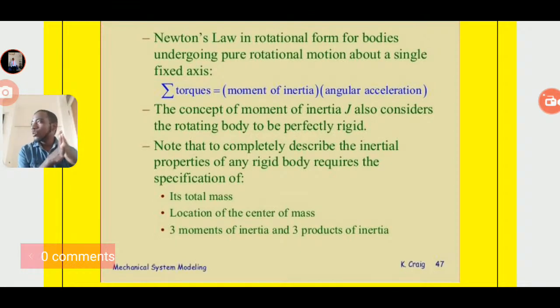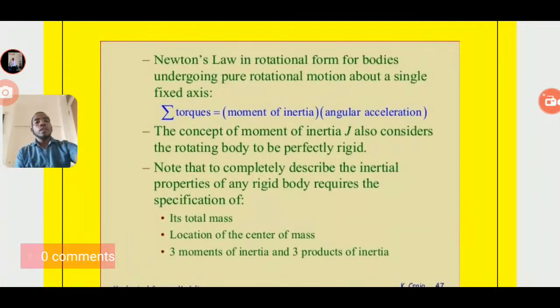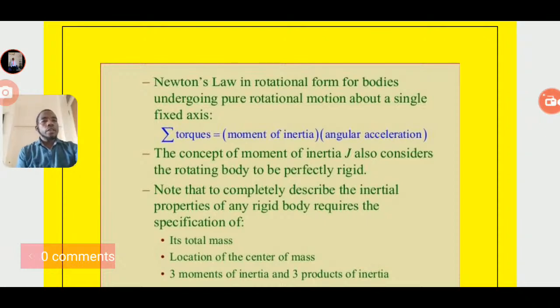This is for rotational mechanics, while the first one is for translational, or the linear case. So it's the same concept, only changed between rotational and translational.